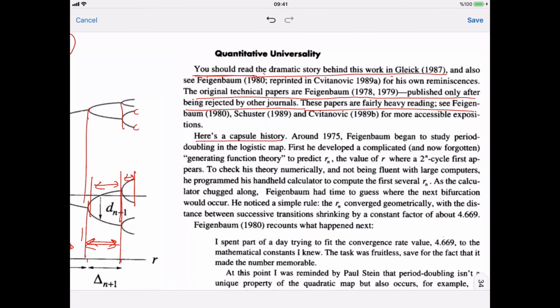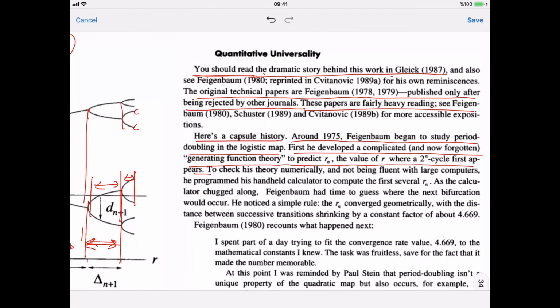Here is a capsule of history. Around 1975, Feigenbaum began to study period doubling in the logistic map. First, he developed a complicated and now forgotten generating function theory to study Rn, the value of R where 2^n cycles first appear.